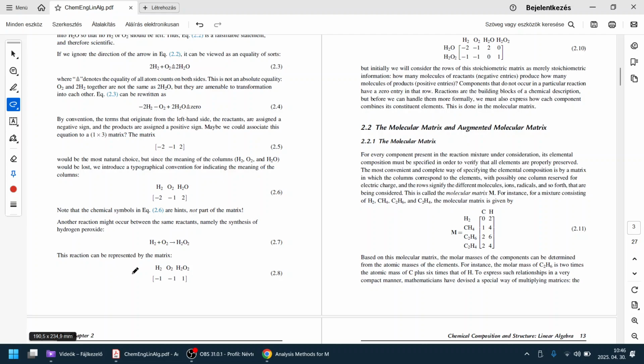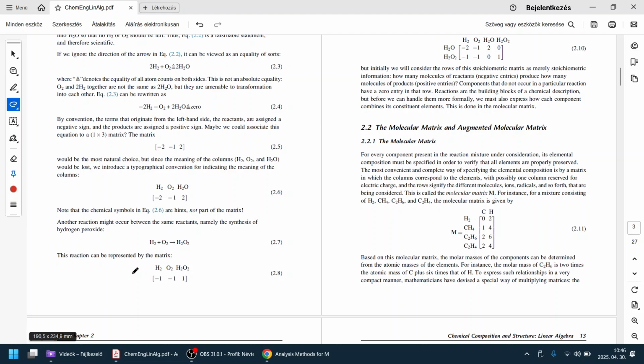You can do the same with this reaction. The hydrogen and oxygen move to the right side, so we have -1 hydrogen, -1 oxygen, and 1 hydrogen peroxide.